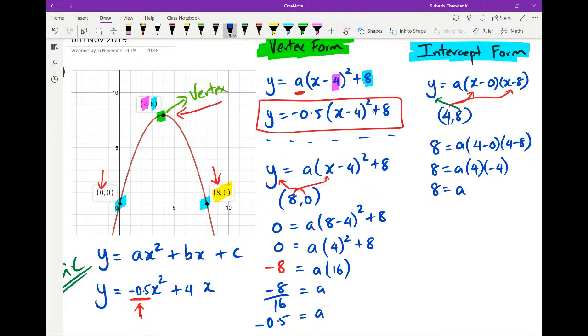Then 4 times negative 4 is negative 16, and a is equal to 8 divided by negative 16, which is negative 0.5. So once again, you can see we're still getting the same a value with all three formats.